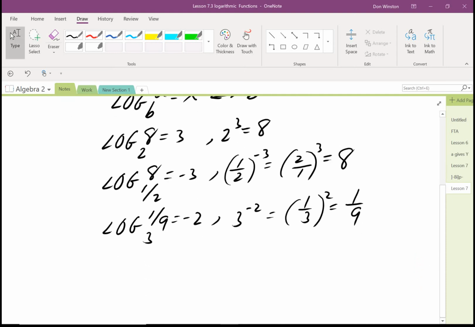Okay, so given an exponential equation, we can write the corresponding log equation. So for example, if I had 3.5 raised to 0 equals 1, of course anything raised to the 0 is 1, my base would be 3.5, so my equivalent log function would be log base 3.5 of 1 equals 0.